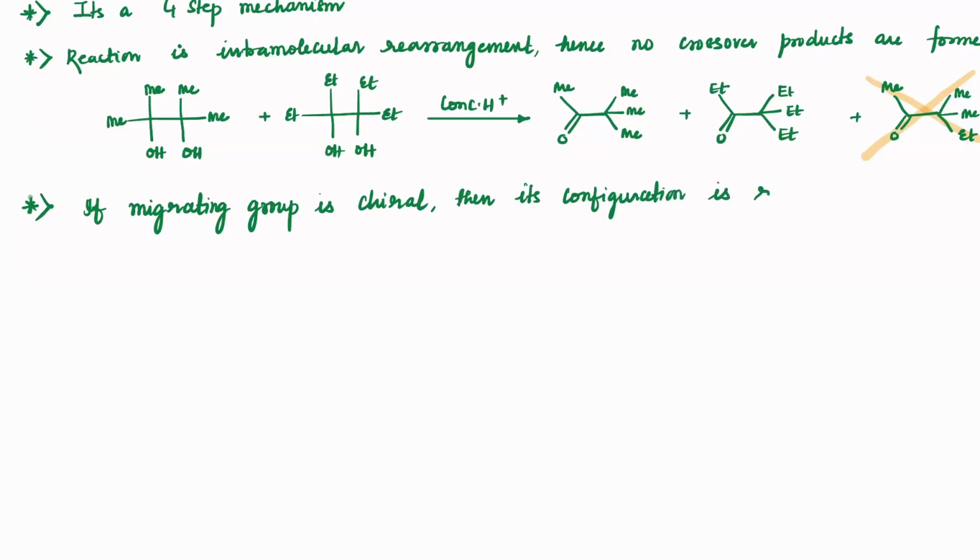That means while migrating, if it was R, then after migration also it will remain R. That is not going to change.